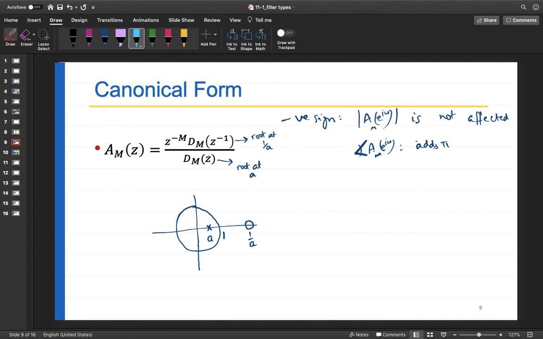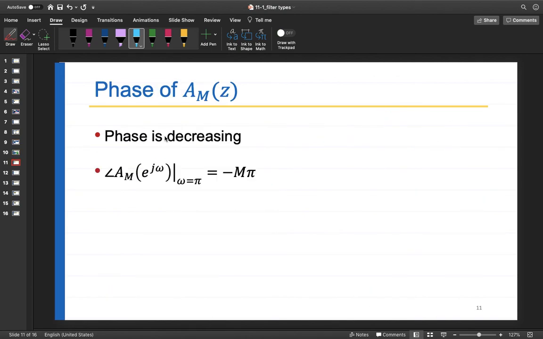So the numerator term and the denominator term here both are 0 angles. 1 to the power minus M, that is also 1, so 0 angle. And it goes from 0 to minus Mπ. So at 0 it is 0, and whatever it does in between, it finally goes to minus Mπ at π, right? So the phase of A_M(z) is decreasing.